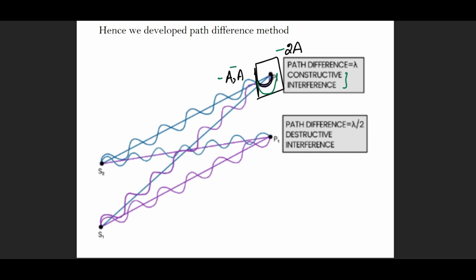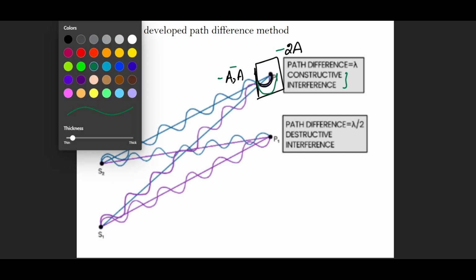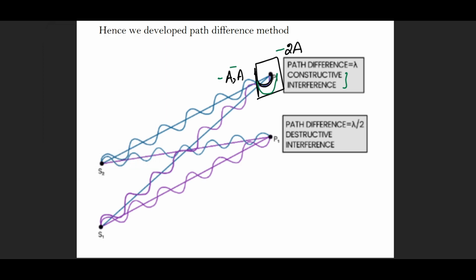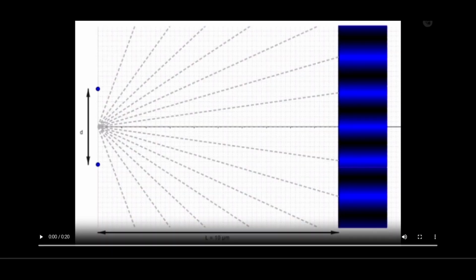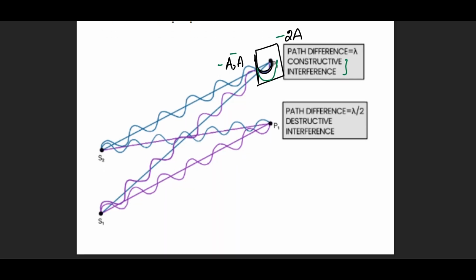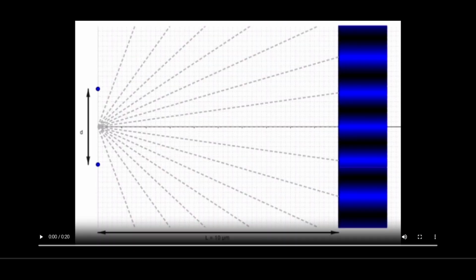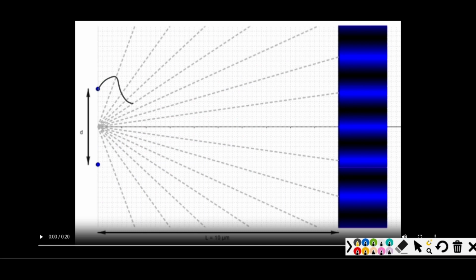Okay, let's move towards the other idea. What happens at the destructive interference? Why is there a dark band? Why is there dark light at this situation where there is no light? What's happening at this point? So light from both sources, let me draw from this area, is moving like this. Now notice that when it reaches this point, this wave is at crest.